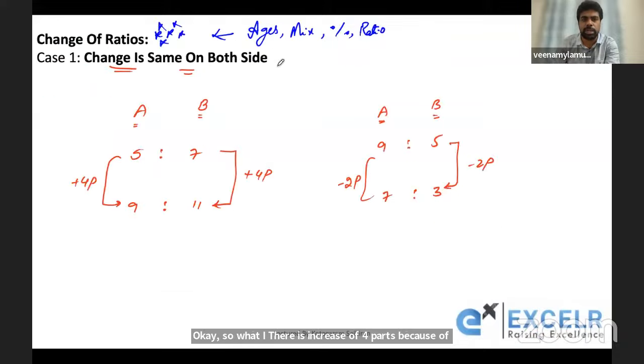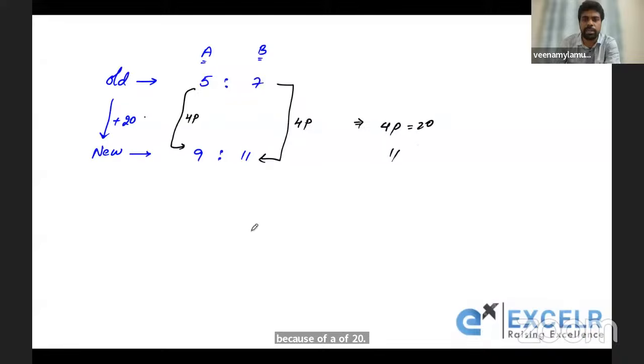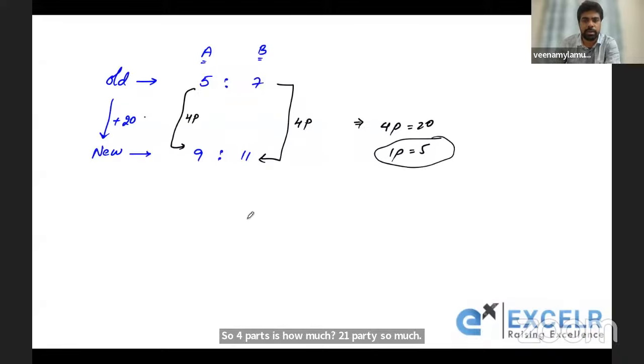Case 1 is nothing but change is same on both sides. Why is this change coming? Because of addition of 20. So you blindly remember that if the same number is added or subtracted, then the change should be the same. So why has this 4 parts change come? Because of addition of 20. So 4 parts is 20. 1 part is 5.